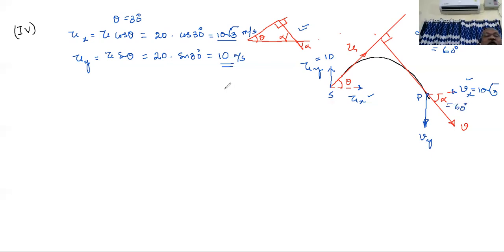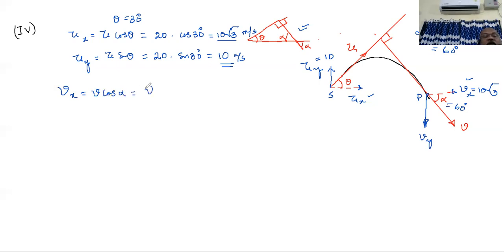If I write now the final velocity's x and y components, the x component Vx, in terms of V and alpha, will be equal to V cos alpha.